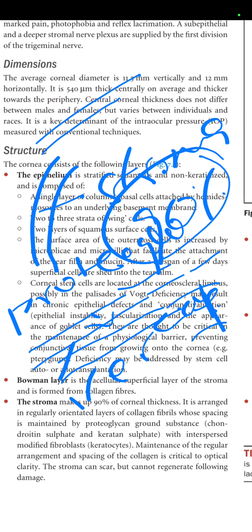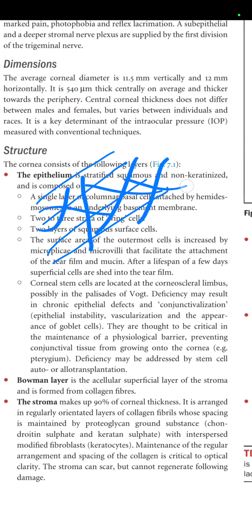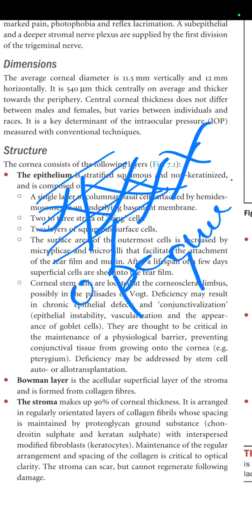So they tend to be regularly arranged, because if the collagens are not regularly arranged, they become opaque. So regular arrangement is very important, because it is what makes the cornea clear.